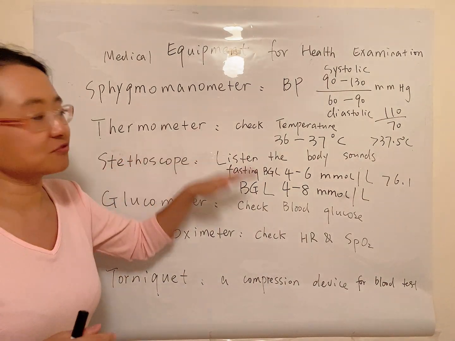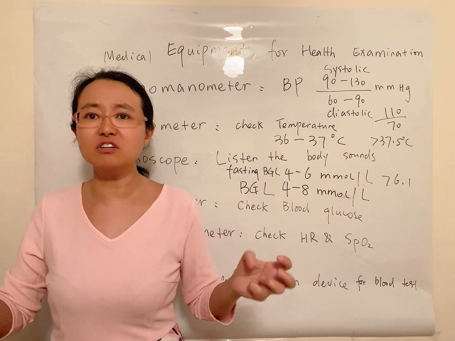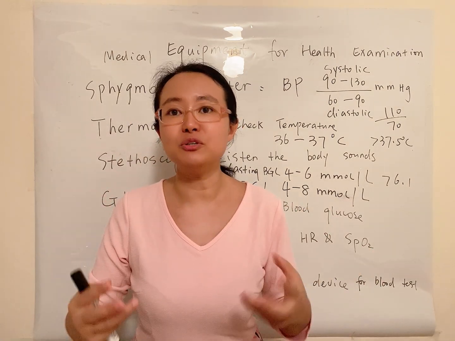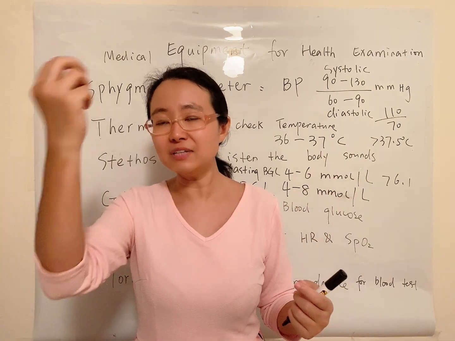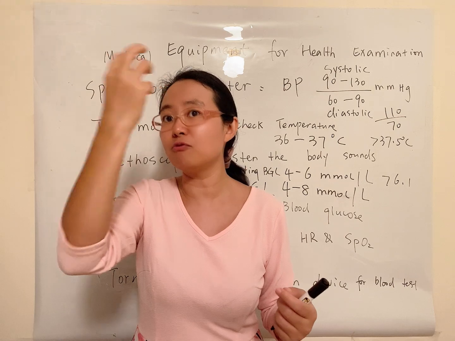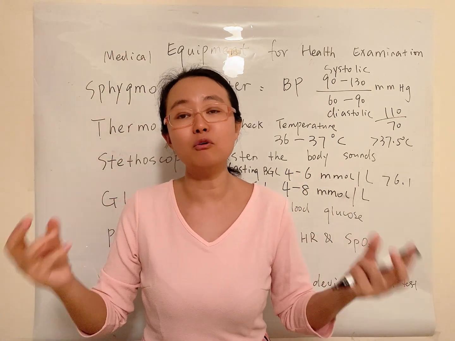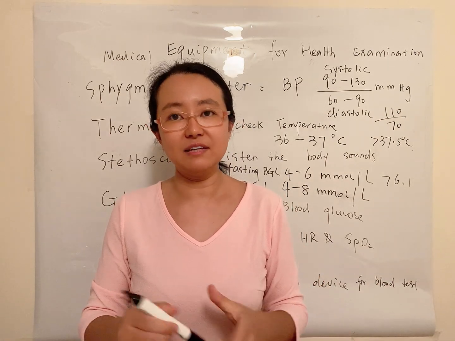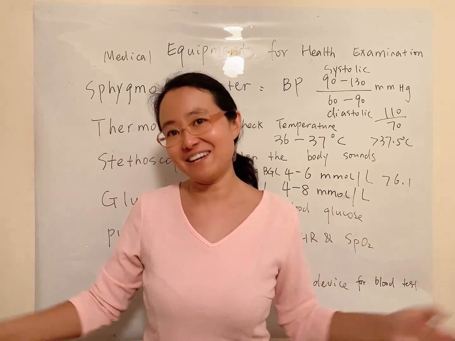So there are different types. Especially during the COVID pandemic, we prefer to use the temporal thermometer because you put the thermometer in front of your forehead, so you don't touch your body, so it will reduce the risk of infection. So the temporal thermometer is more commonly used during the pandemic.